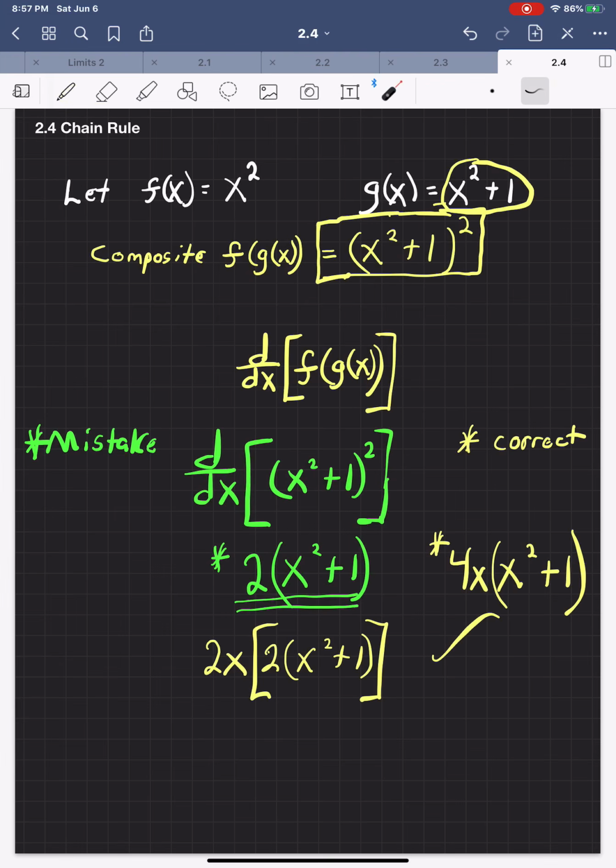Do you agree with me there? Now let me pose the question to you. What is the derivative of the inside of this function? What's the derivative of the inner part of this function? Exactly, 2x. Interesting. Let's proceed.